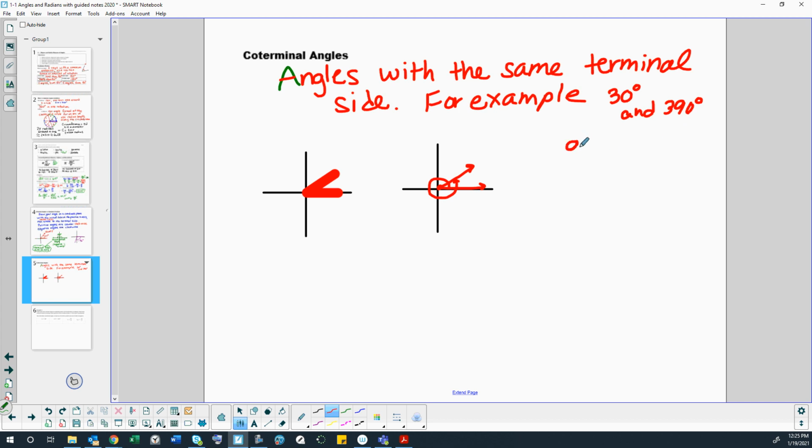If we wanted to, we could actually subtract 360 and find another one. Add or subtract 360, or 2 pi if they're radians, to find coterminal angles.